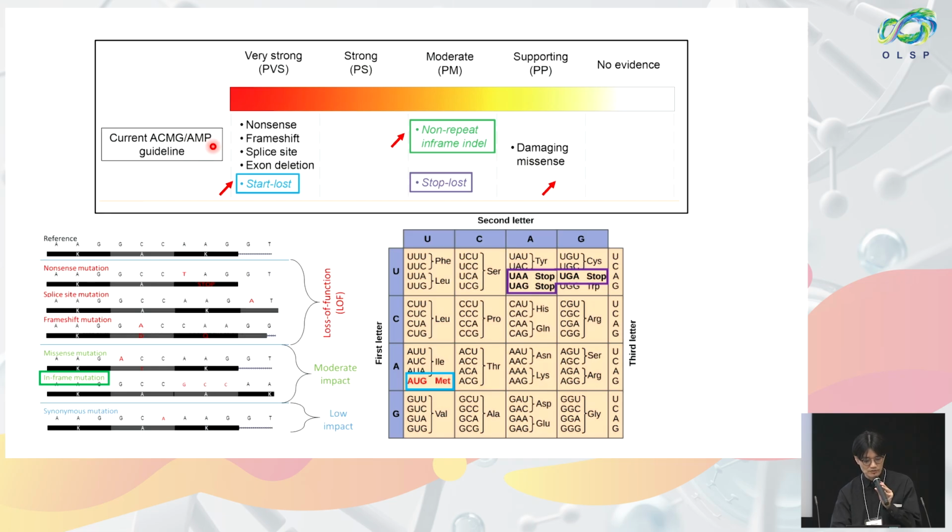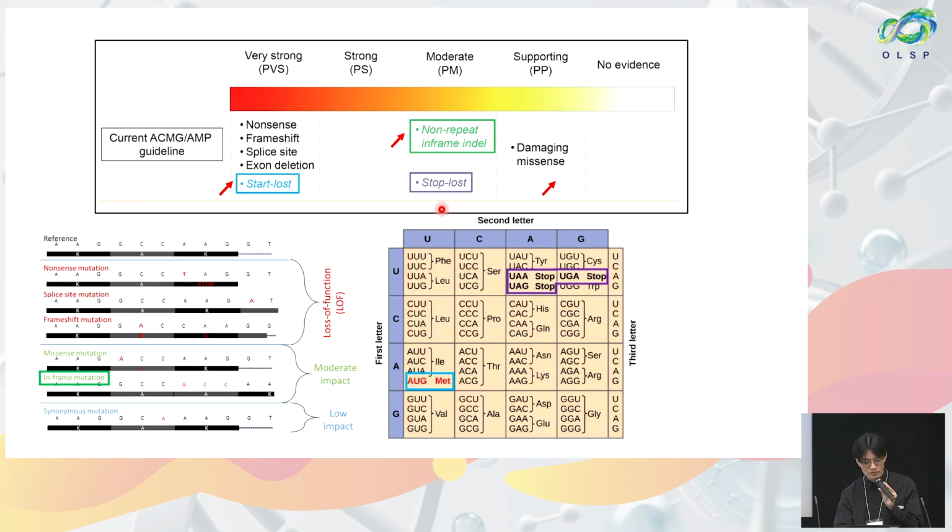As I said, nonsense, frame shift, splice site, and also exon deletion mutations are classified as very strong. And in this PVS category, start-lost variants disrupting the AUG or ATG methionine encoding codon are also classified as PVS. And in-frame indel mutations not causing the shift of reading frame in the translation are classified as moderate.